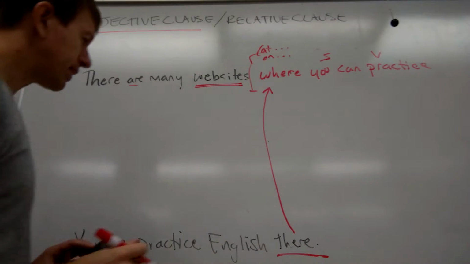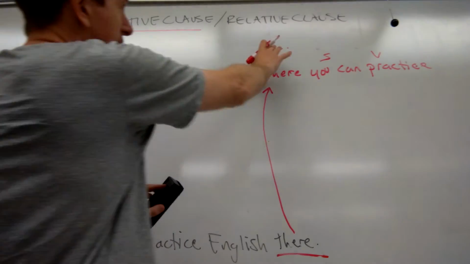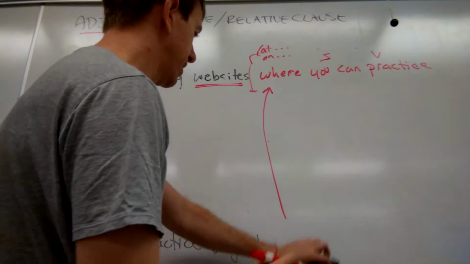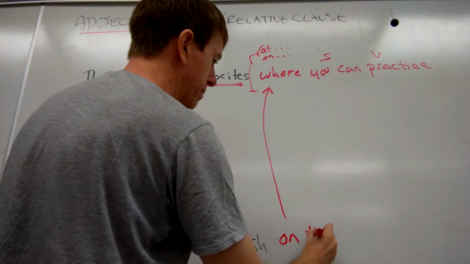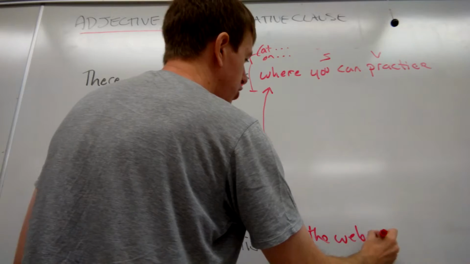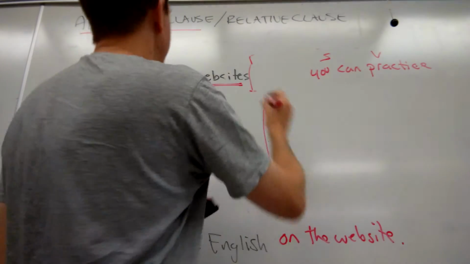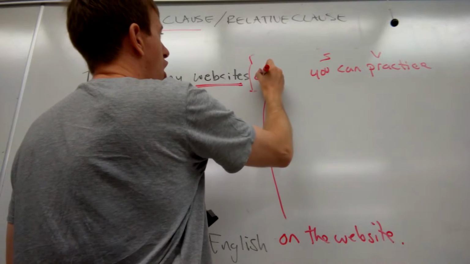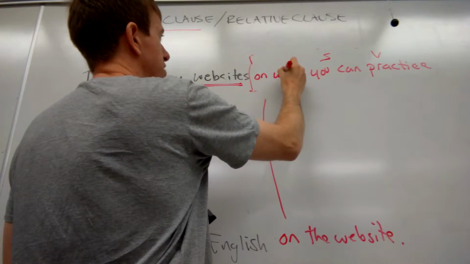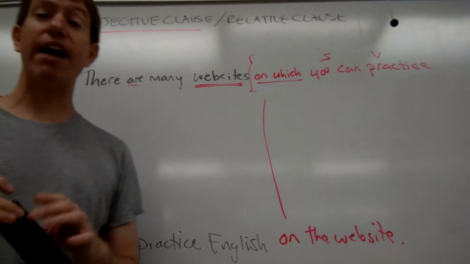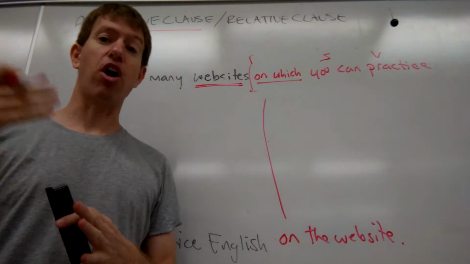Now, you could actually keep the at or the on, because if I want to say you can practice English on the website, you can keep that on, but here you need to say there are many websites on which you can practice. We never say on that, it's always on which.